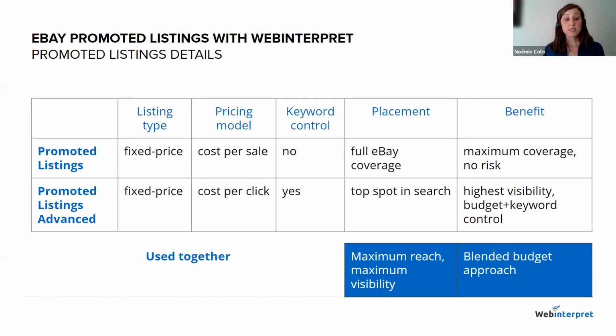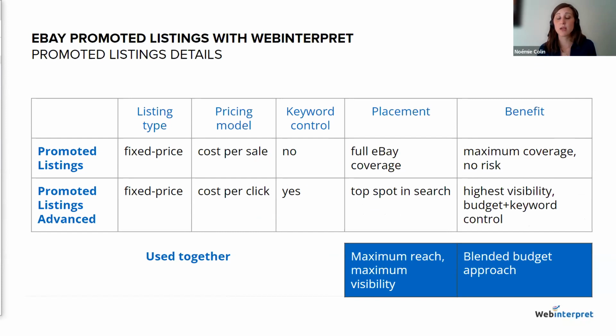Now, Promoted Listing Advanced is a cost per click model, meaning that you will pay directly on a click level. It's, of course, a higher risk approach, but for a higher reward, as you will gain more visibility. You will be at the top of the search results, which you should highly consider, as one in 5 purchases on eBay starts with a listing that appears at the top of the search results.